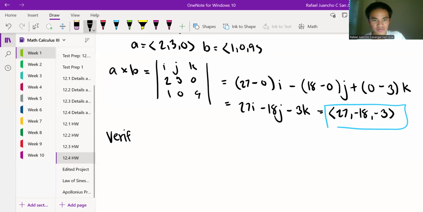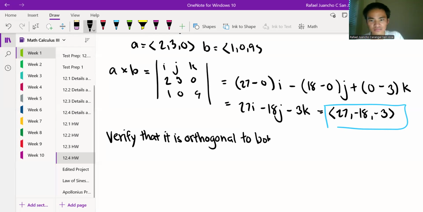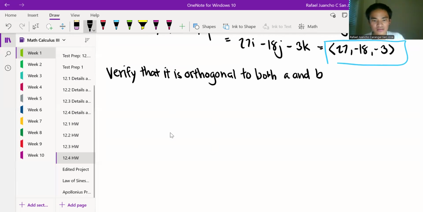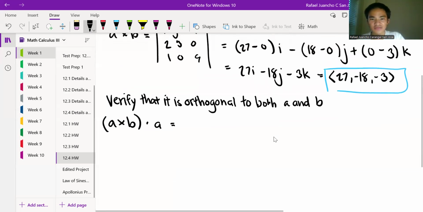Next, we want to verify that it is orthogonal. So the cross product that we got, we want to verify if it's perpendicular or orthogonal to both A and B. Okay, so we have the cross product, and we're getting the dot product with A. So we can actually do that, right?